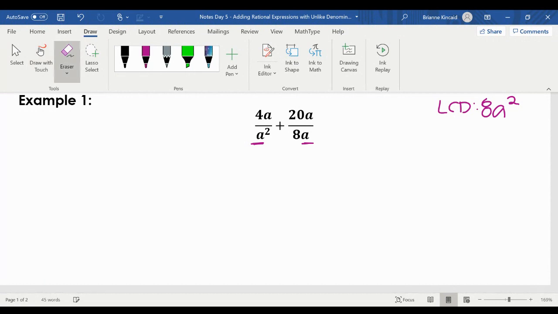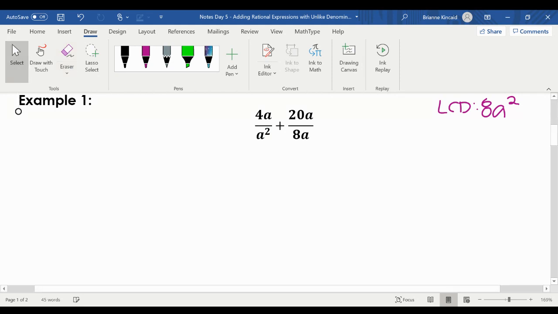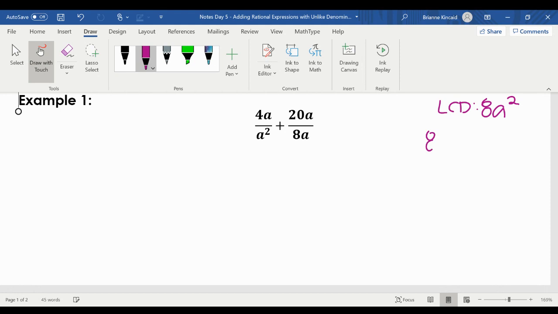The reason why it has to be the squared is because if it was just a, this a squared would not be able to divide into it. So we want to make sure that it's whatever anything can be divided into. And what we can always do for a quick little check is take my LCD and make sure that each of the denominators will divide into it.